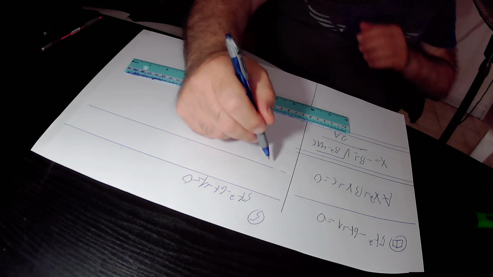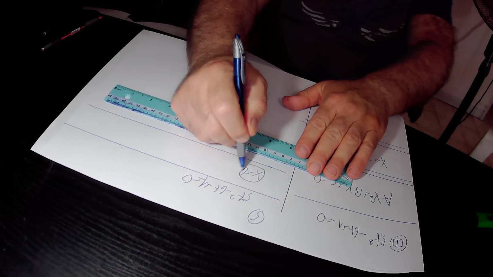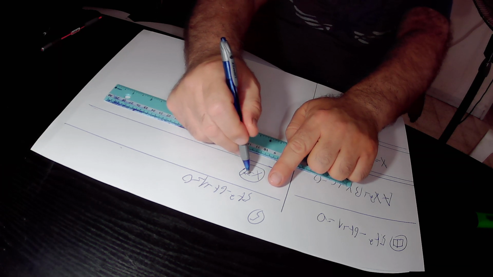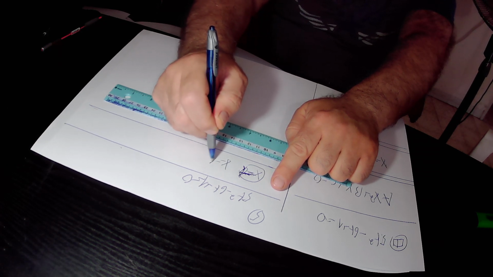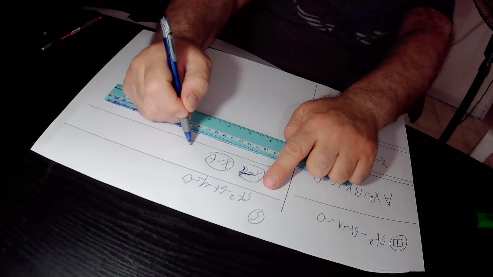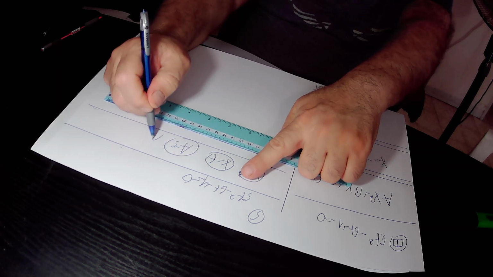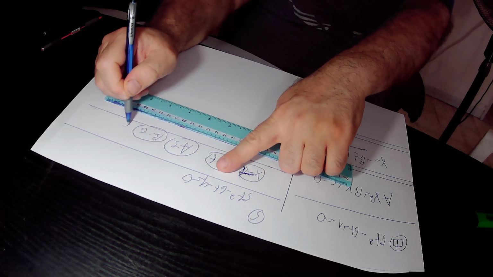So x equals t. The coefficient a equals 5. The coefficient b equals minus 6. And finally, the coefficient c equals 1.